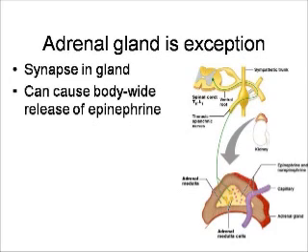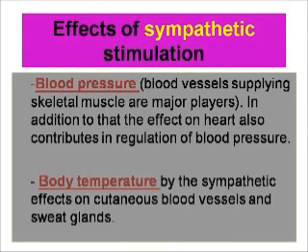The cell bodies of the second neuron are located here in a chain of ganglia near the spinal cord. You know what we mean by ganglia? They are cell bodies of the second neuron.